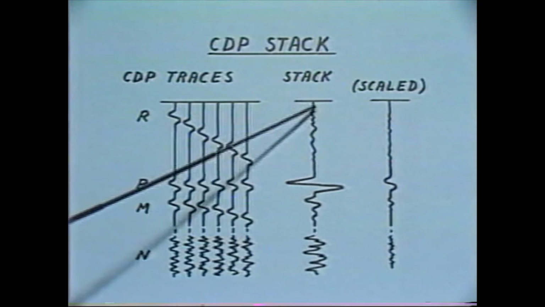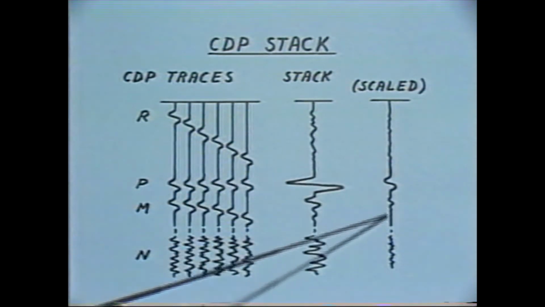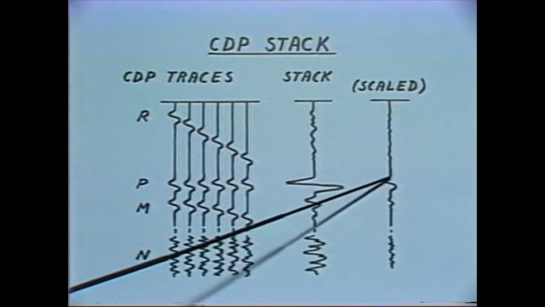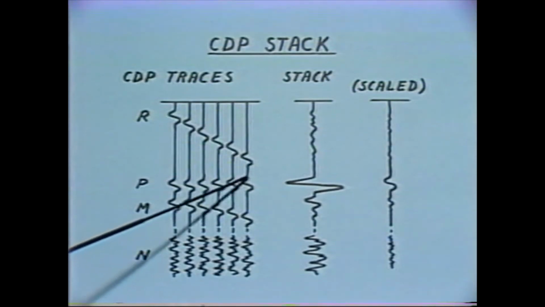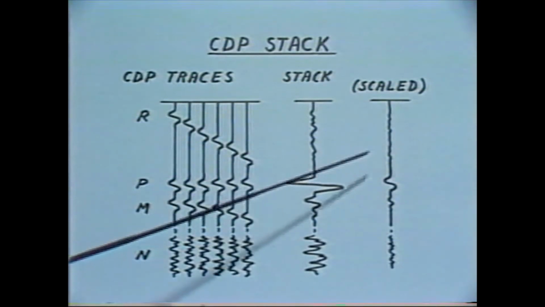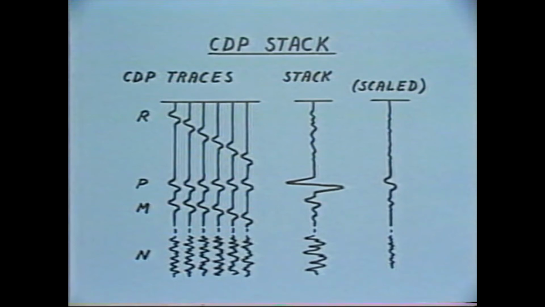So in this case, we'd divide all the amplitudes by 6, and this would be the final common depth point stack trace, so that it would show primary reflection with the same amplitude as on the individual CDP traces before stack, and all the other kinds of noise would be at lower amplitudes than on the input traces. So common depth point stacking is a signal enhancement process in that it distinguishes primary reflections from various other kinds of events and enhances the primary reflection data.